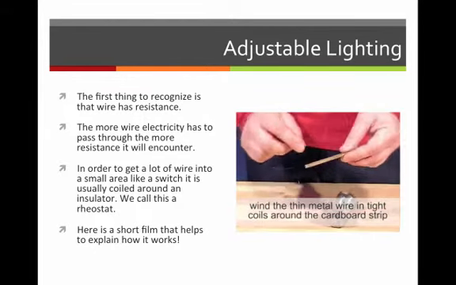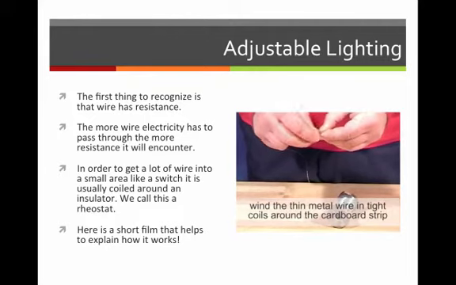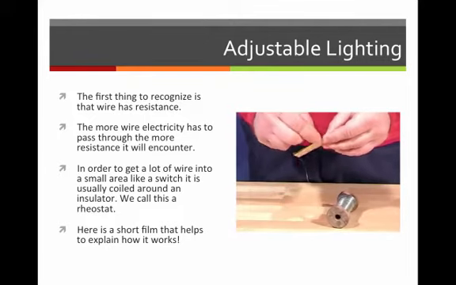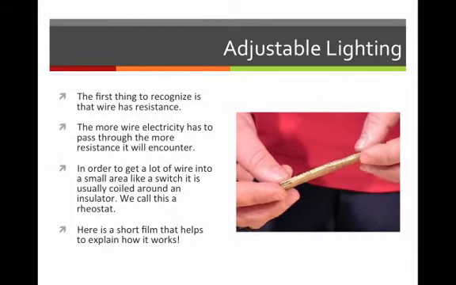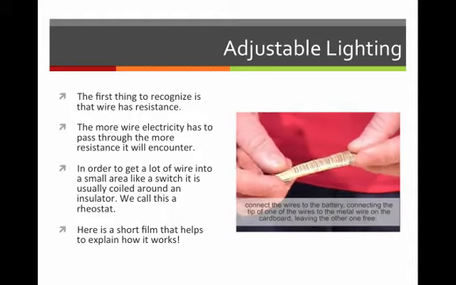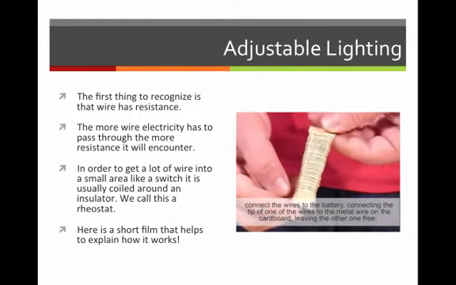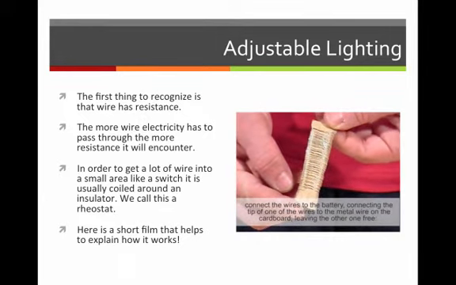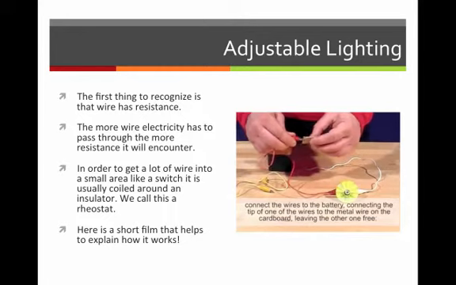Wind the thin metal wire in tight coils around the cardboard strip. Connect the wires to the battery, connecting the tip of one of the wires to the metal wire on the cardboard, leaving the other one free.